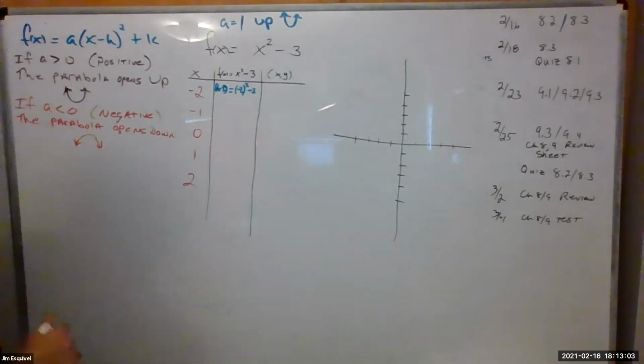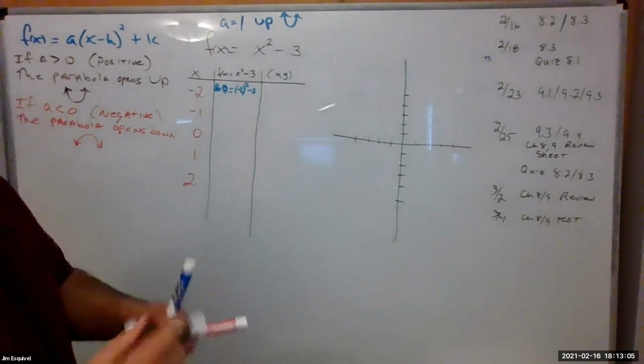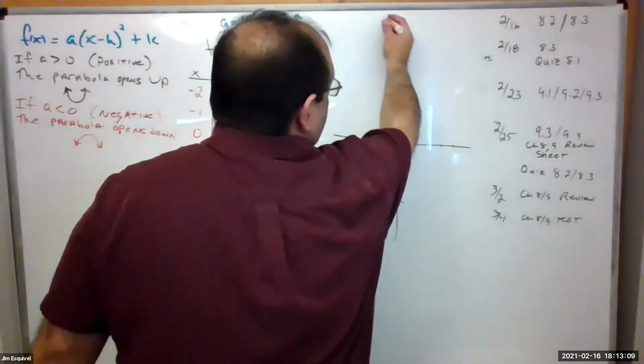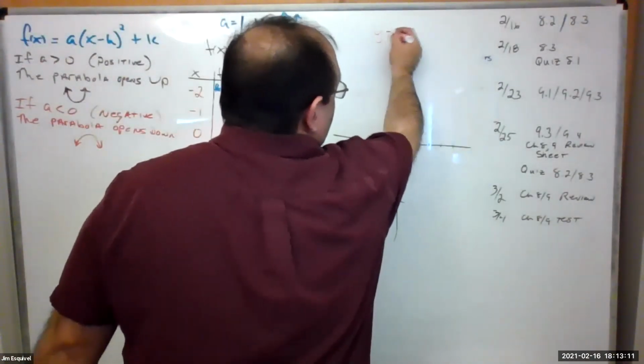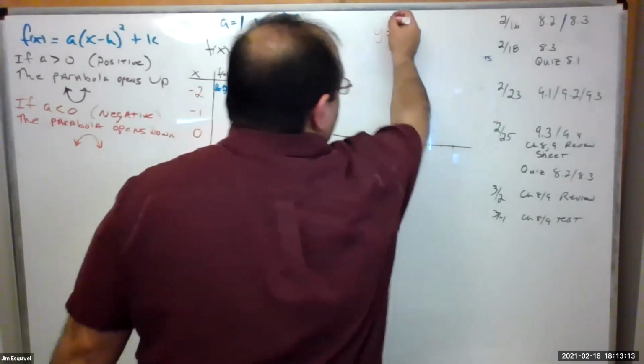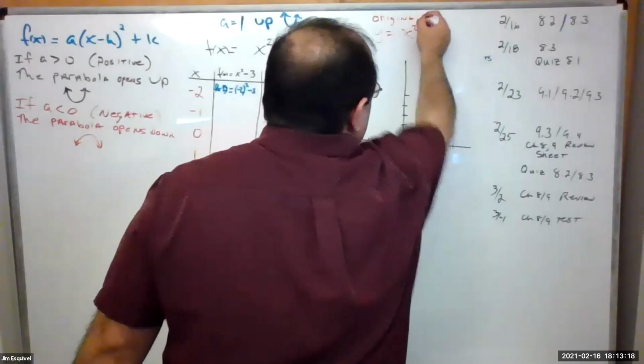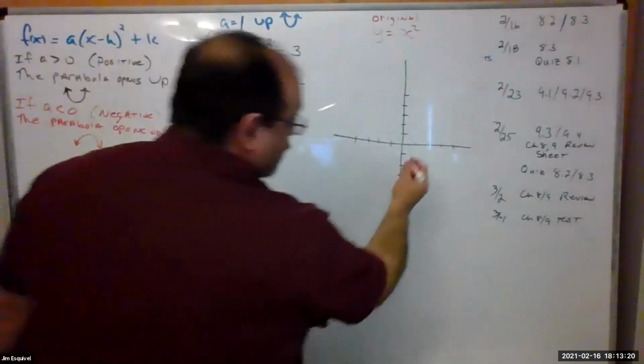And I apologize real quick. Just for reference, here is where we started from. y = x². This is our original, the OG parabola, if you will.